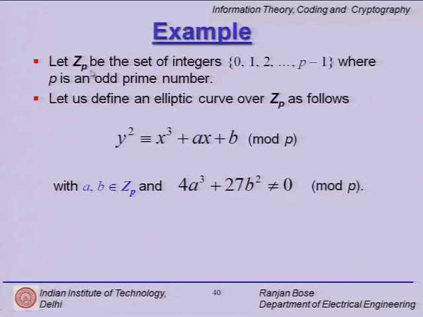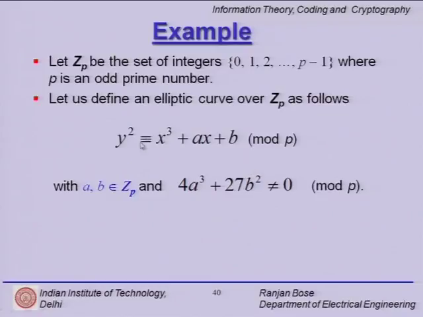Let Z_p be the set of integers 0, 1, 2 up to p minus 1, where p is an odd prime number. Let us define an elliptic curve over Z_p as follows. We are going to define, using an example, an elliptic curve y squared equals x cubed plus a x plus b, taken modulo p.